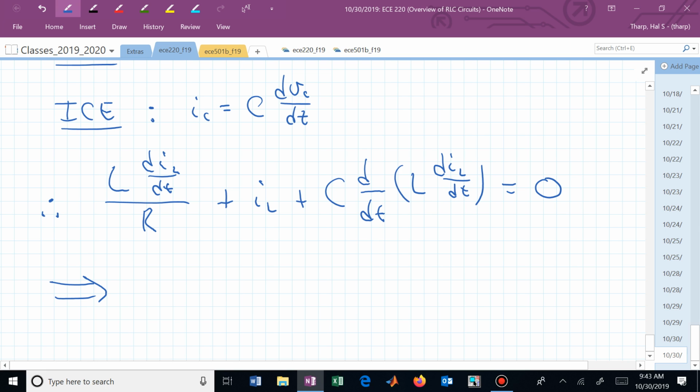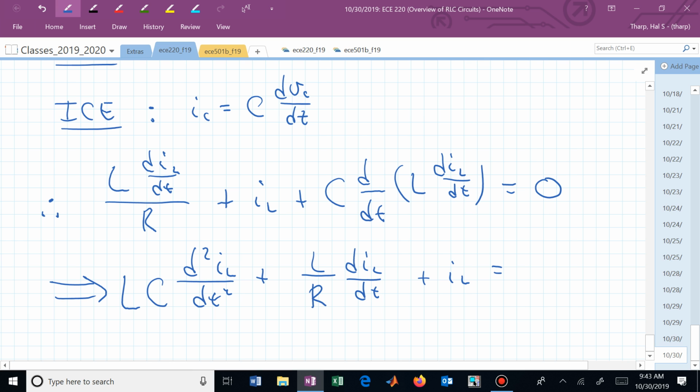Or just rearranging these, we now have LC times the second derivative of I sub L with respect to time plus L over R di sub L dt plus I sub L is equal to 0.